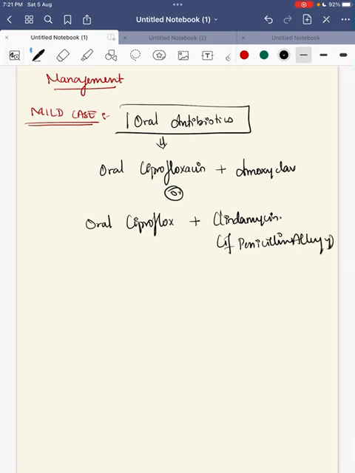Okay, this is for mild case. Next, empirical therapy. Very important: you should start the antibiotic immediately, within 1 hour after the blood culture sensitivity has been taken.